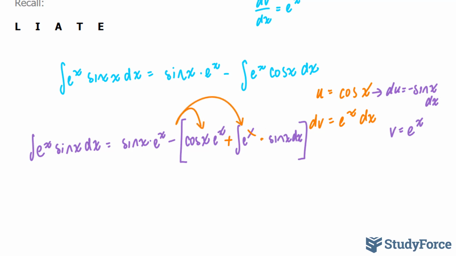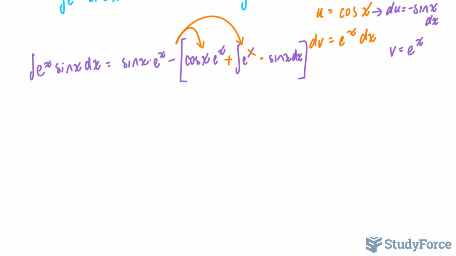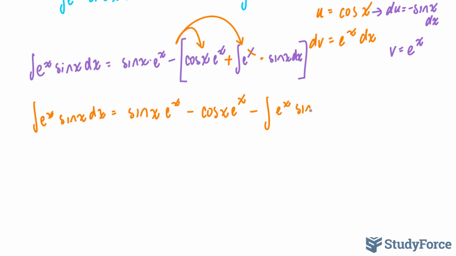So I'm essentially expanding here, and I end up with, I'm going to rewrite this now, the integral of e to the power of x sine x dx equals sine x e to the power of x minus cosine x e to the power of x minus the integral of e to the power of x sine x dx.